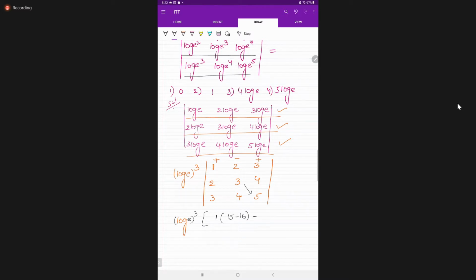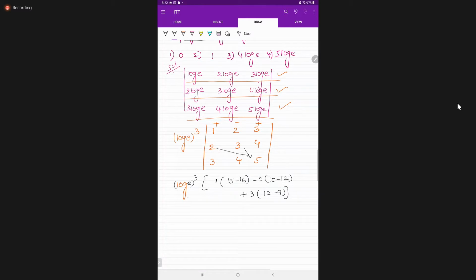Minus 2 into 5 into 2 is 10, 10 minus 12, plus 3 into 12 minus 9. How much you got? Log e is always 1, so 1 whole cube. 1 into minus 1, minus 2 into minus 2, plus 3 into 3. Tell me this answer.